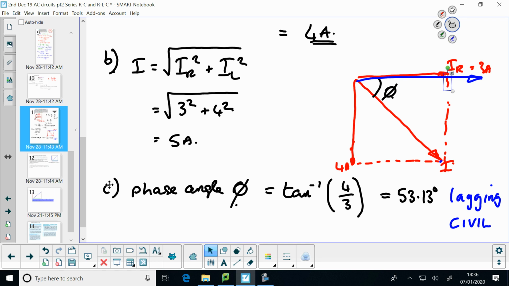In full terminology, you'd say that current is 5 amps, angle 53.13 at a negative angle to give the lagging part of it. The degree symbol is important as well, because otherwise radians is assumed. You'll learn other mathematical techniques that will allow you to calculate those values different ways as well.